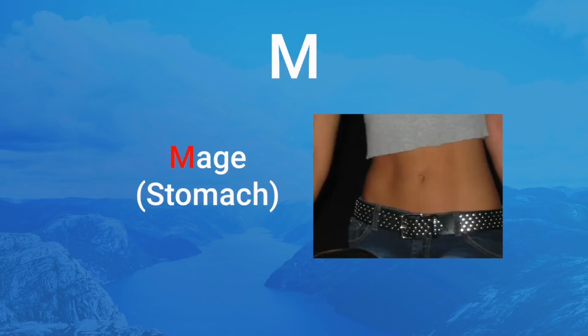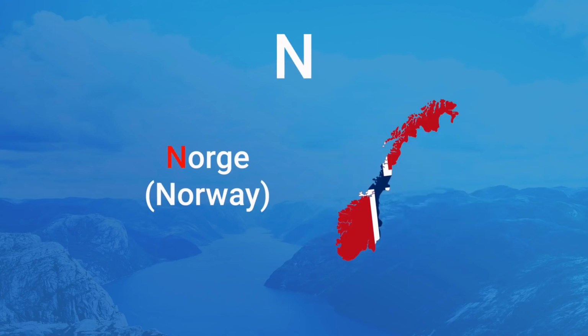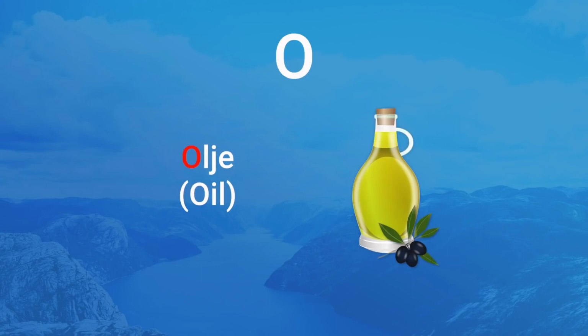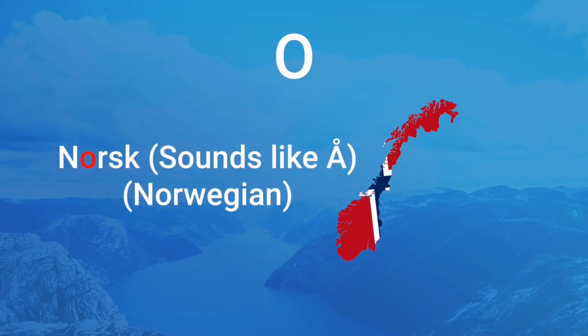M, mage. N, Norge. O, olje. Sometimes the letter O can sound like the letter Å, and an example of this is norsk.